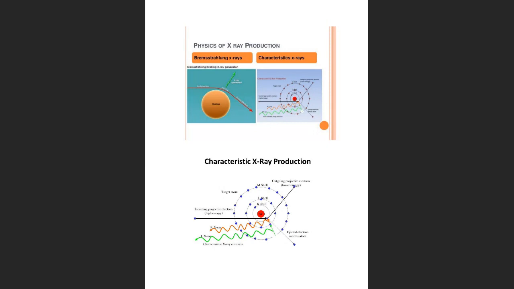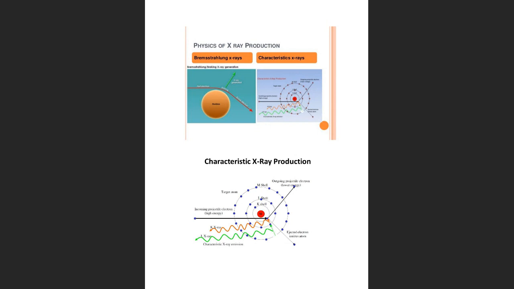We'll have electrons from other shells that will drop in to the void to fill that vacancy in that shell. So when we create characteristic X-rays, these characteristic X-rays can have different energies based on the binding energies of the different shells.